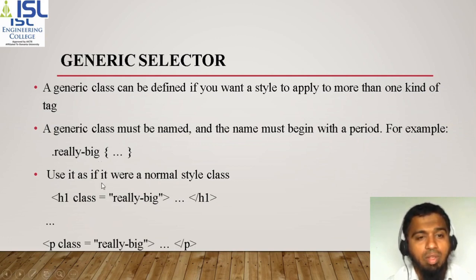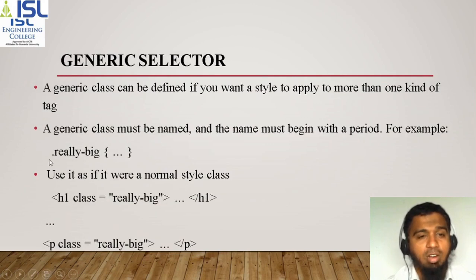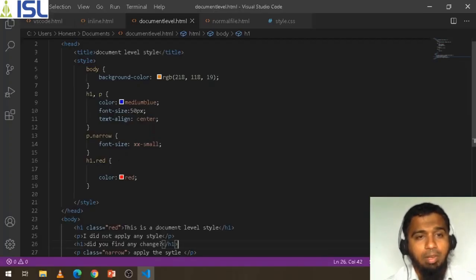Use it as if it were a normal style class. What is the difference between a class selector and a generic selector? In a class selector we are selecting the paragraph, we are selecting the tag, but in the generic selector you can use the same property on any one of the tags.